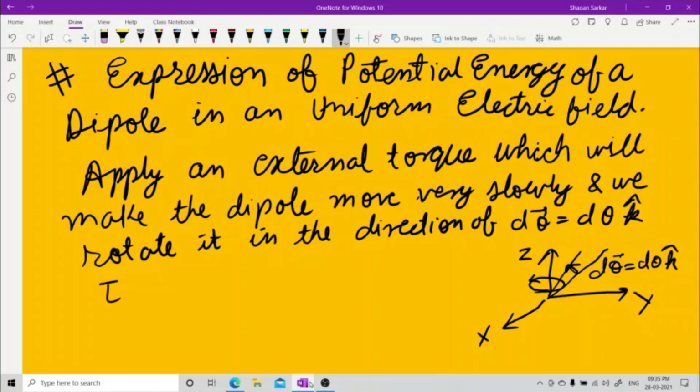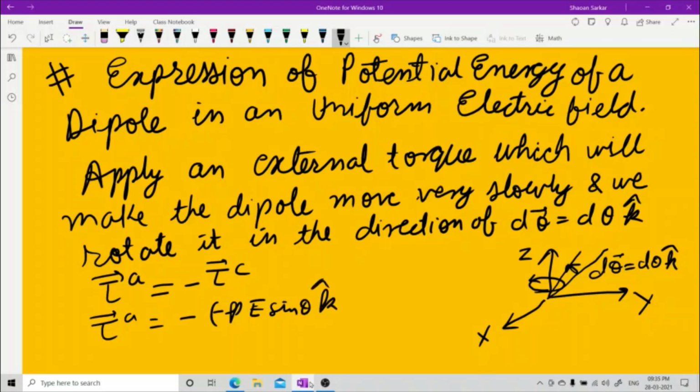Now, the applied torque is opposite to that of the conservative torque. The torque applied is minus of minus PE sine theta k vector, that is nothing but PE sine theta k vector.